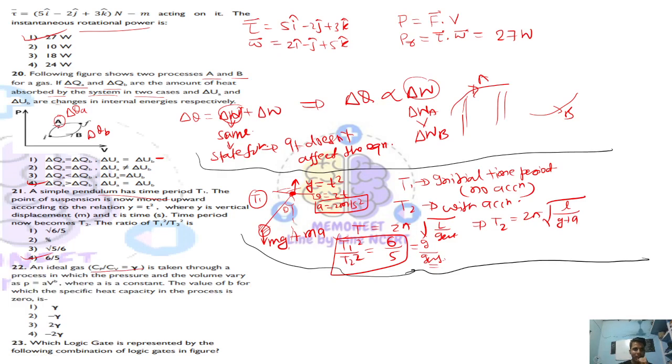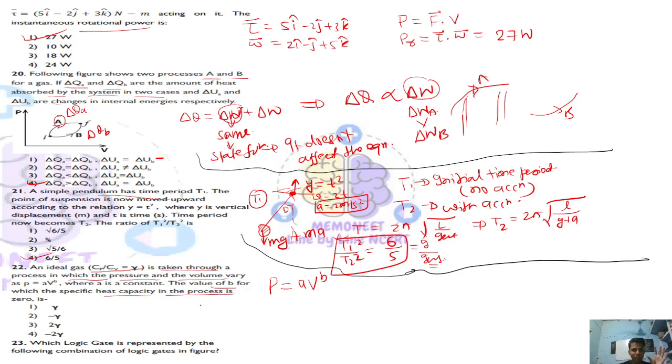An ideal gas with gamma goes through a process relating pressure and volume. You can say it is a polytropic process, with pressure related in this way. It is asking for the value of B for which the specific heat capacity in the process is 0.